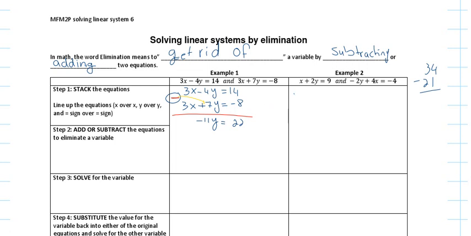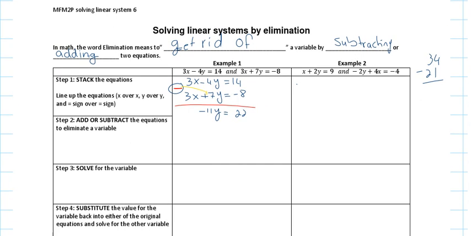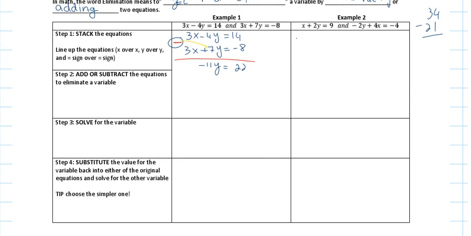Now, do you notice that I only have one letter left? I don't have the x anymore. So if I want to solve for that letter that's left, in this case the y, what do I do? Divide by negative 11, right? So you're going to divide by negative 11 to get rid of that negative 11.